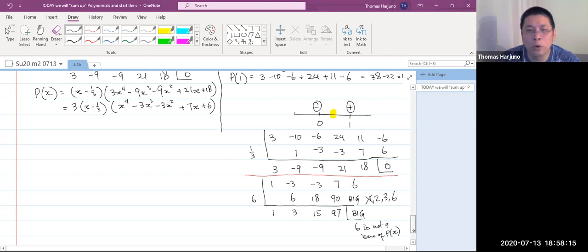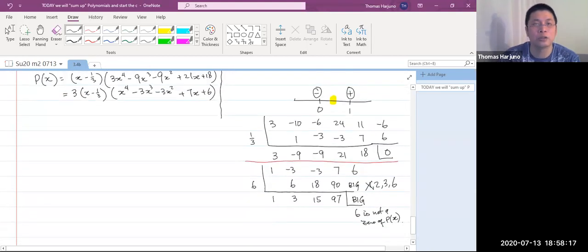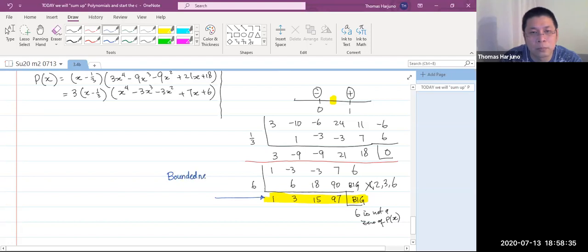But there's one more thing I want to teach you, something I didn't show you last time: the boundedness theorem. If you know it, that's good. If you don't know it, you're fine.